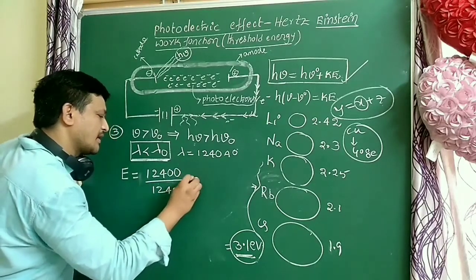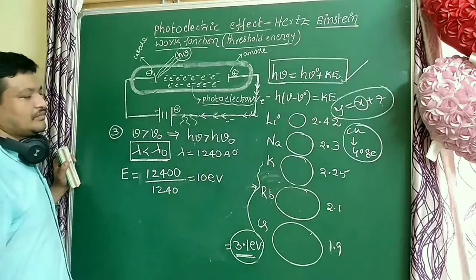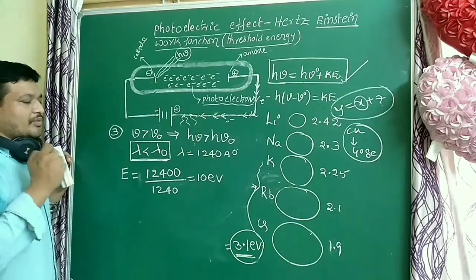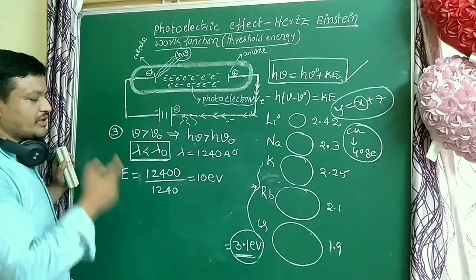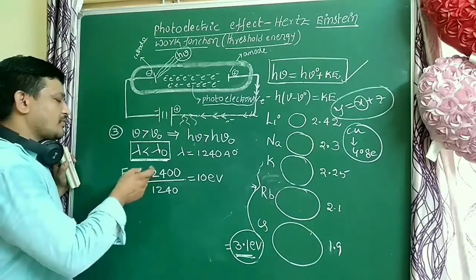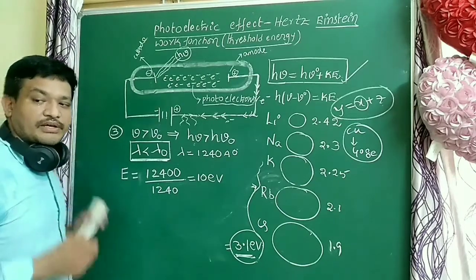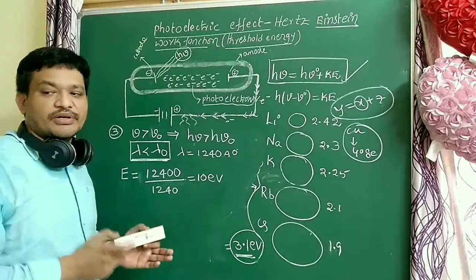So 12,400 by 1240 gives approximately 10 electron volts. This is very, very important, students.